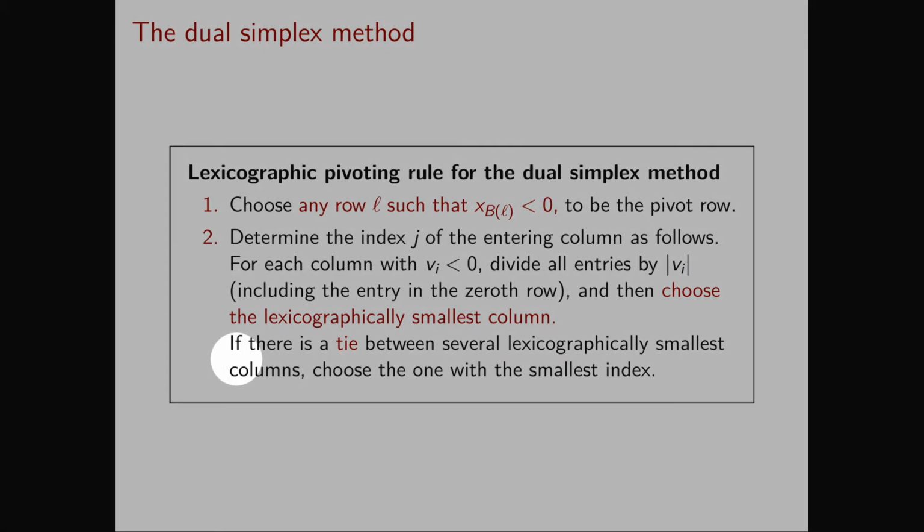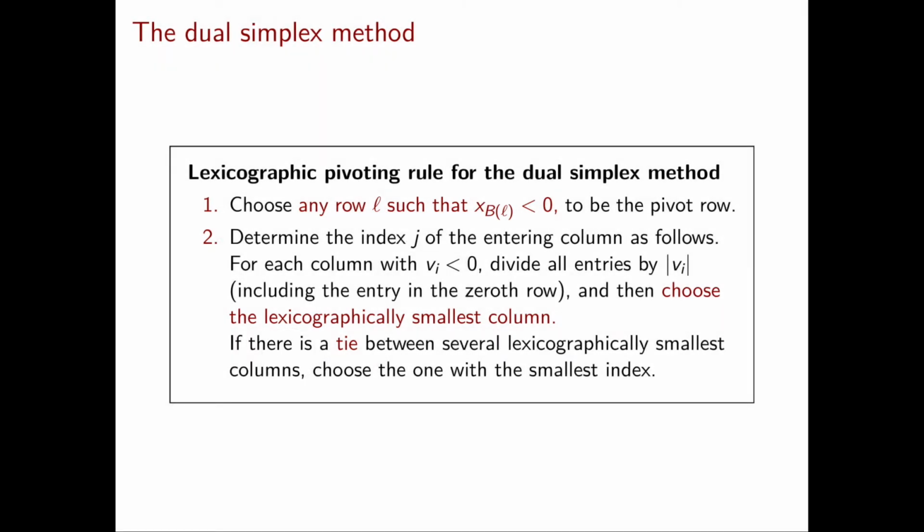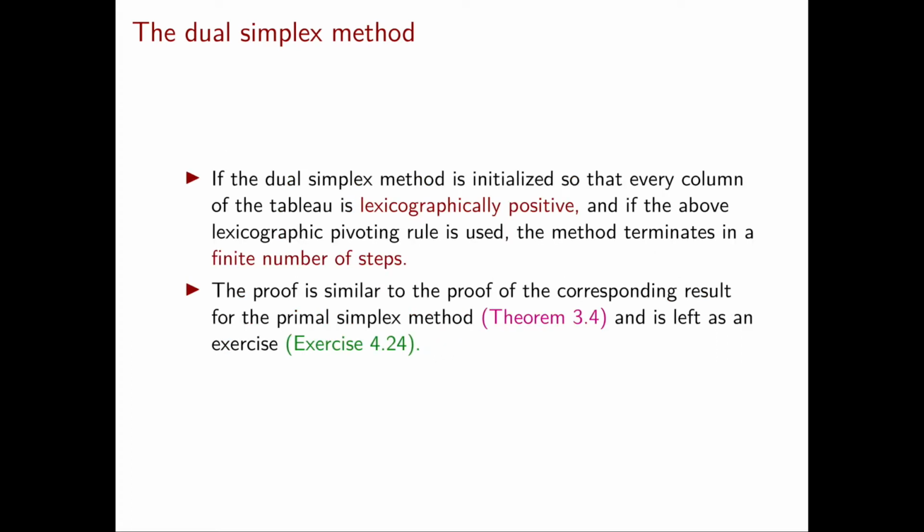And this is why we have here a sentence that tells you how to break the tie in such a situation. Also for the lexicographic pivoting rule for the dual simplex method, we need to initialize the simplex method in a specific way to avoid cycling.